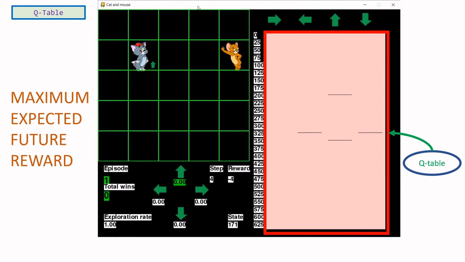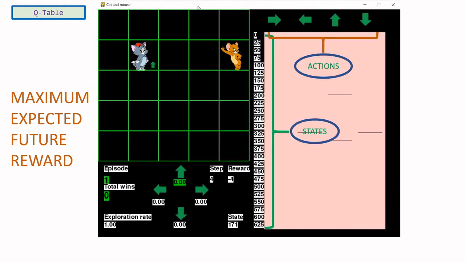In the Q table, the columns are the actions and the rows are the states. Each Q table score will be the maximum expected future reward that the agent will get if it takes that action at that state. This is an iterative process, as we need to improve the Q table for each iteration. We initialize all Q values to 0 initially.